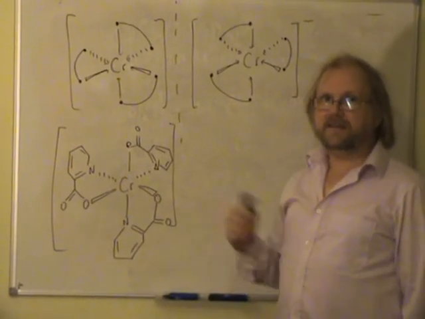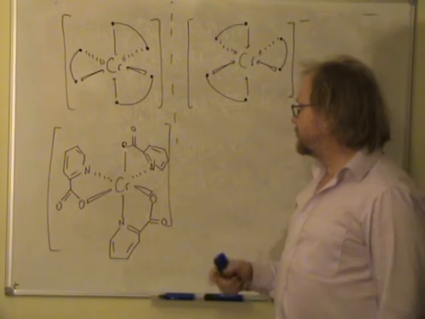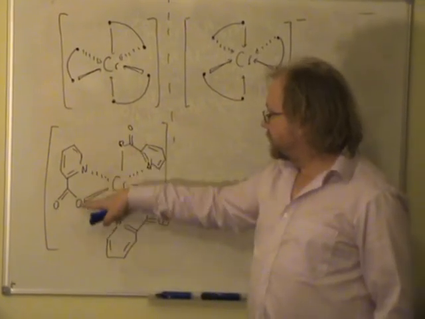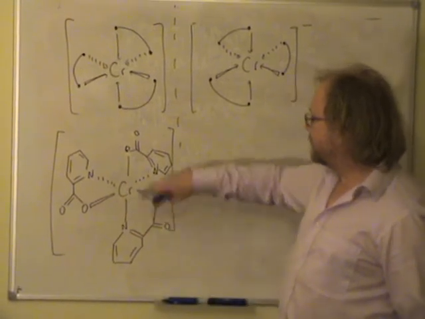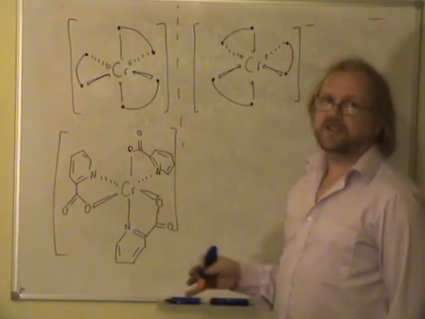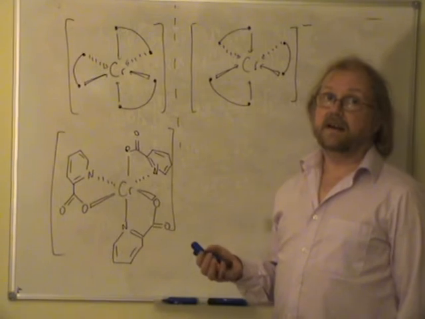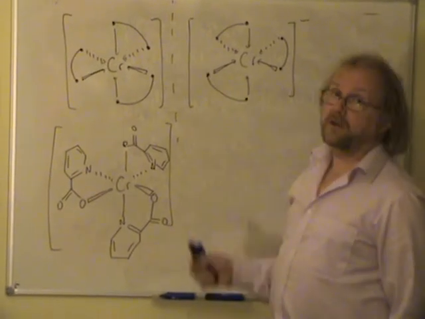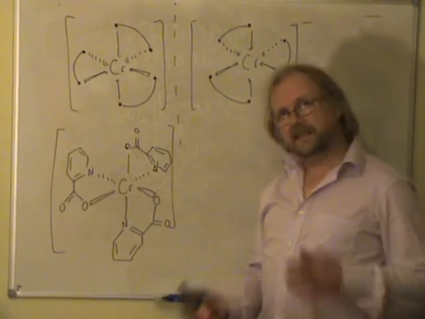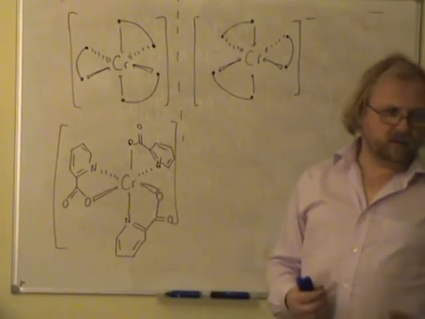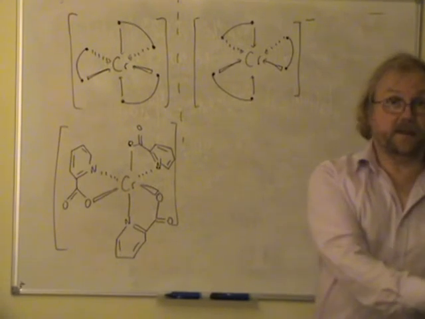So, you know, you have to make those strategic decisions, but I think if you've shown that, yeah, you can see how one of them can act as a bidentate ligand, you can then just represent all the others in this shorthand way. In fact, though, if you represented them all like that, you still got the marks, but don't count on that. You know, they're not always consistent on that kind of thing.